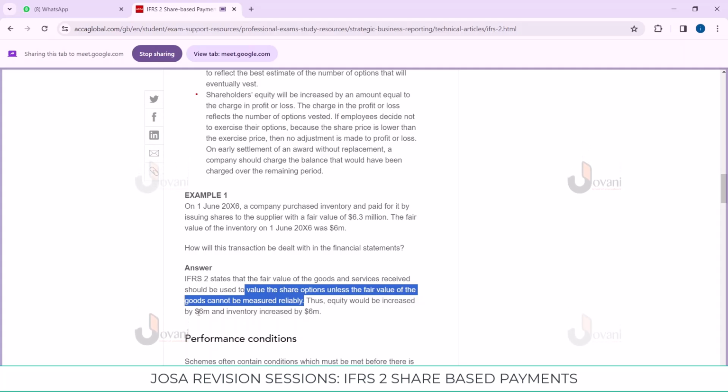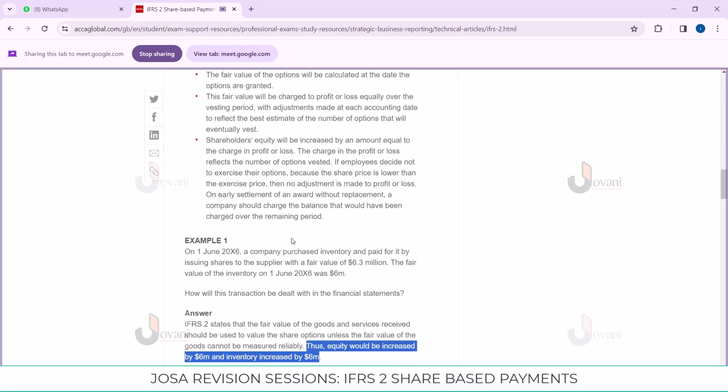Understand it very well. There are two types of vesting conditions. One, service condition, you spend time with the company. Two, performance conditions. When it comes to performance conditions, here we attach what we call performance targets. Let us read what the article says before I dive into the explanations.